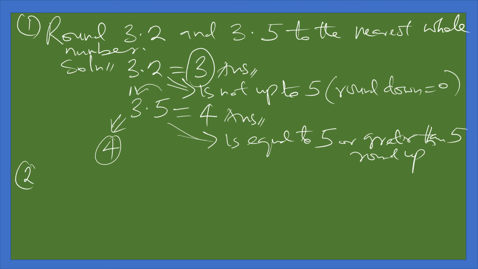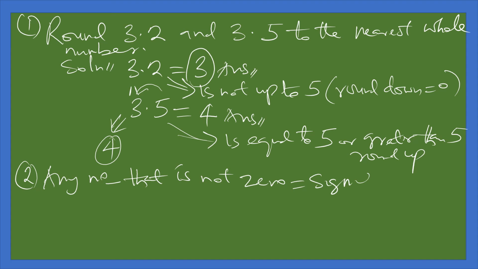Now, the next rule: any number that is not 0 is significant. What do I mean by that? Example, if you have 32.567, this simply means we have 5 significant figures here, because they are non-zero.